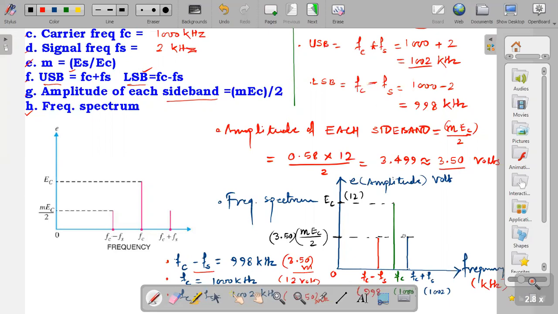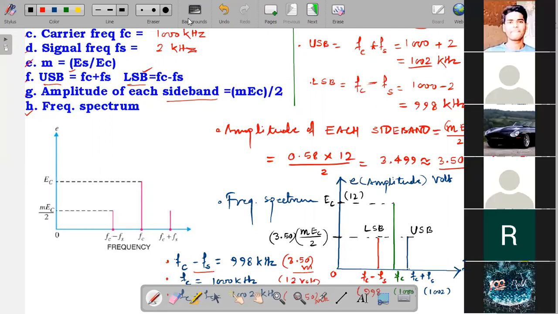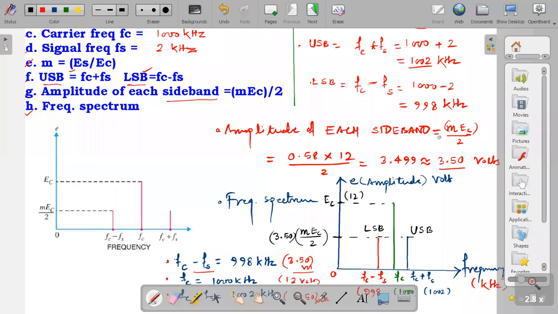Here I'll write USB. This is your LSB. Understood, dear student, up to this level? Any doubt up to this level, please? No, sir. First I have already explained, first write the data.